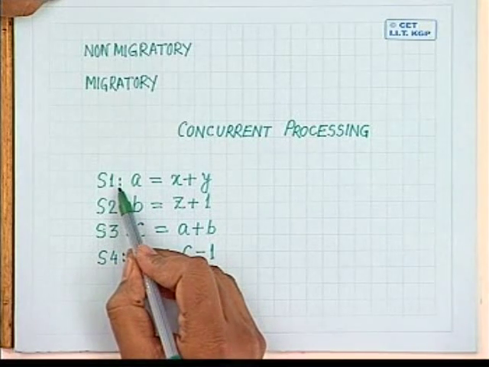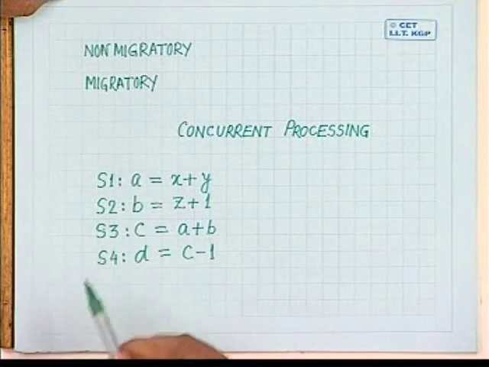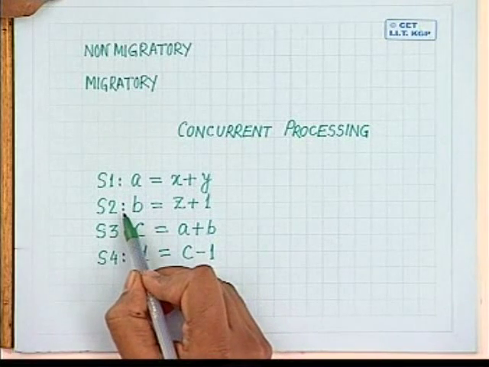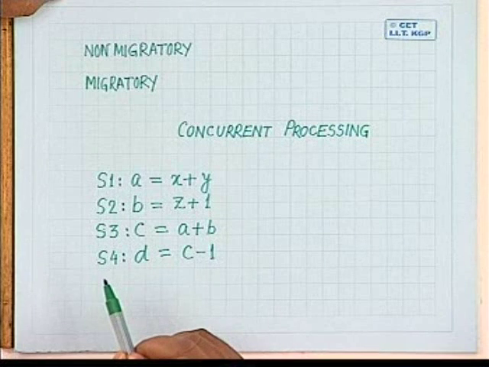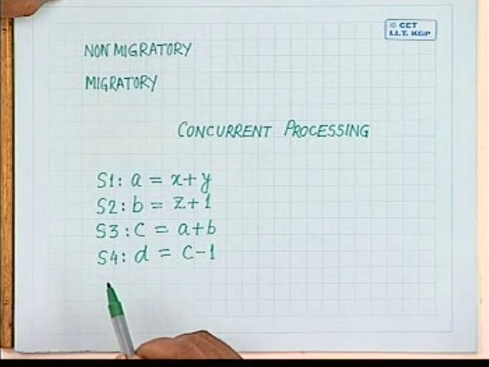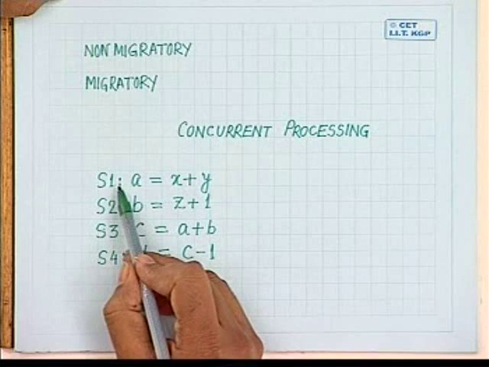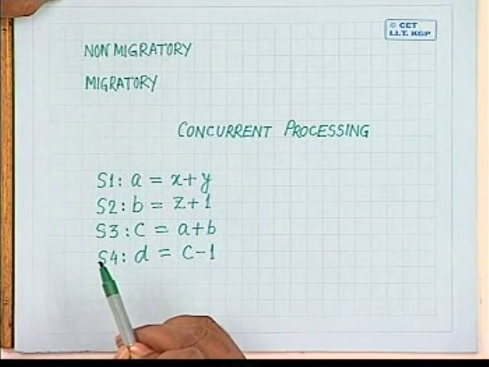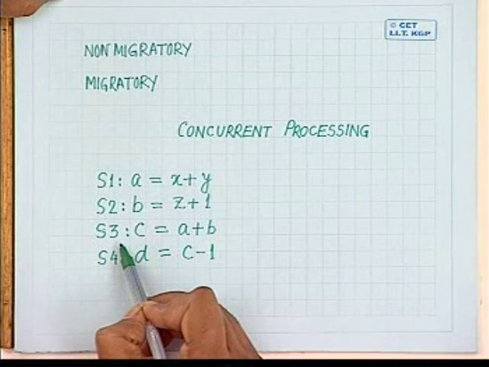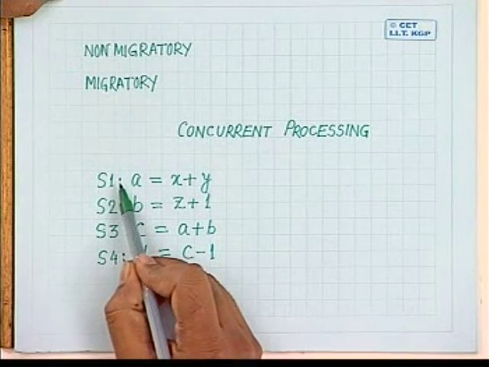Whereas for computation of S1, I don't have to wait for any statement, and for S2, I don't have to wait for completion of any other statement. So this says that S1 and S2 can be executed concurrently. S3 cannot be computed concurrently with S1 and S2.